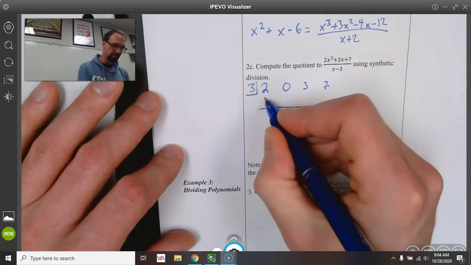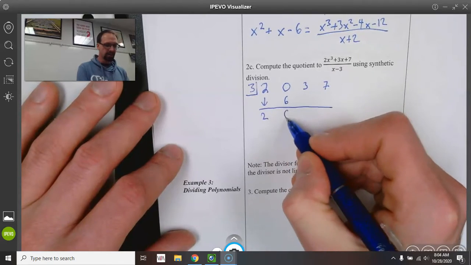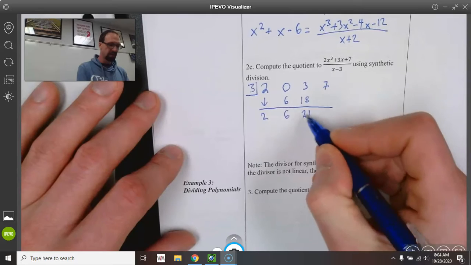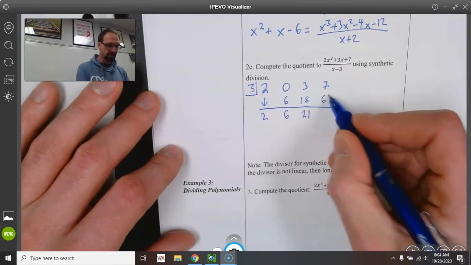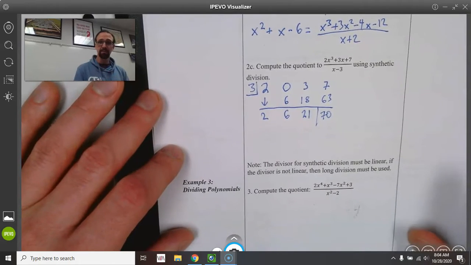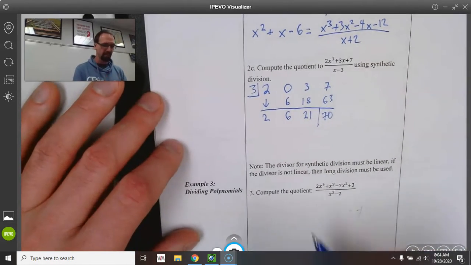Bring down the 2. 2 times 3 is 6. Bring down the 6. 6 times 3 is 18. 3 plus 18 is 21. 21 times 3 is 63. Then I have a remainder of 70. That is okay. A lot of students will be nervous getting very high remainders. No, that's perfectly fine.